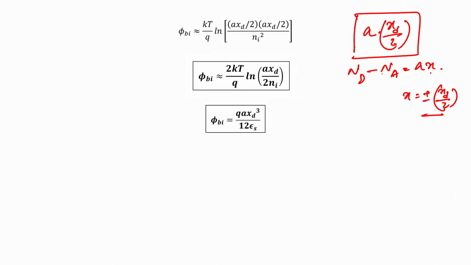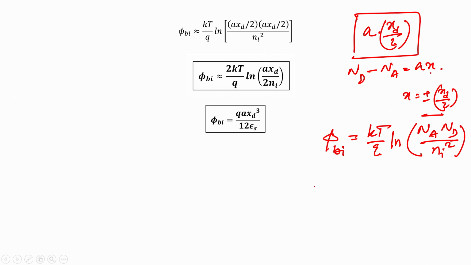Now we will use an approximate formula that we used earlier in the case of the abrupt junction, that the built-in potential is equal to kT by q ln Na Nd by Ni square. In this particular case also we are using an approximate formula; this is not an exact formula, but an approximate relation.